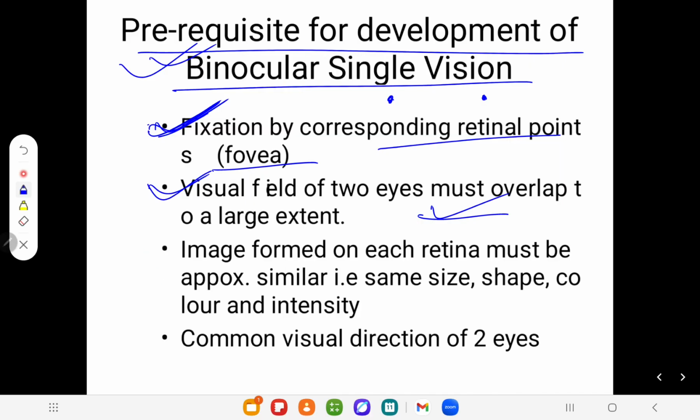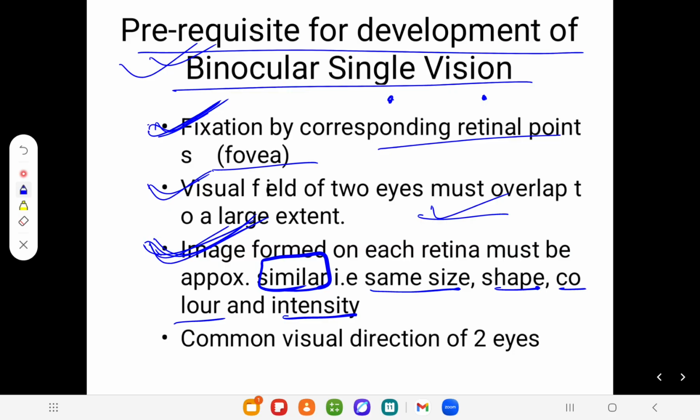Image formed at the retina must be approximately similar. That's crucial. See this line. Image formation on each retina must be similar. Similar in the context of what? Similar in the context of size and shape. Similar in the context of contrast and color too. It's so important. That's why, see, we break the fusion by presenting different shapes, different colors, different intensities, different sizes of the picture in both eyes.